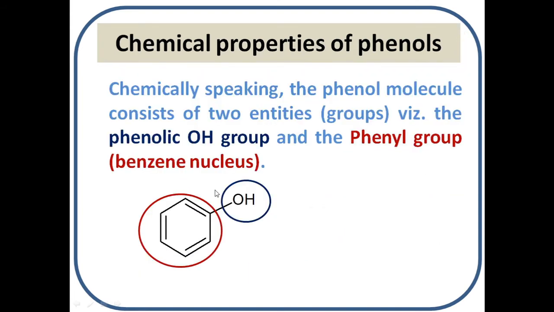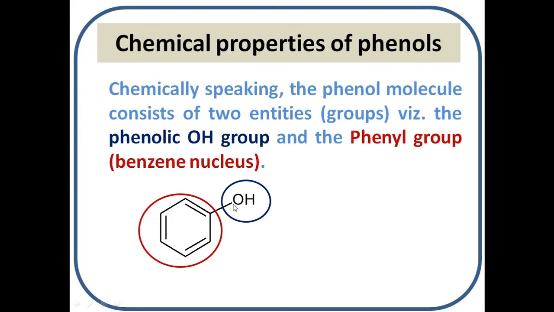Phenolic OH groups are actually the OH groups which are directly attached to the aromatic nucleus. On the other hand, if the OH group is attached to some alkyl groups, then it will be alcohol. So that is a chemical difference between phenol and alcohol.